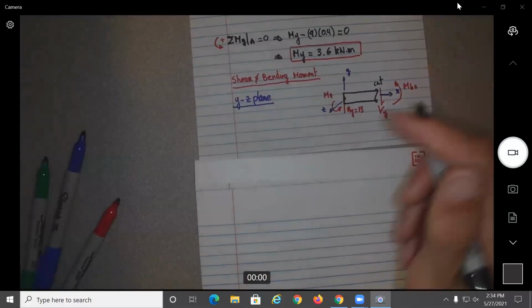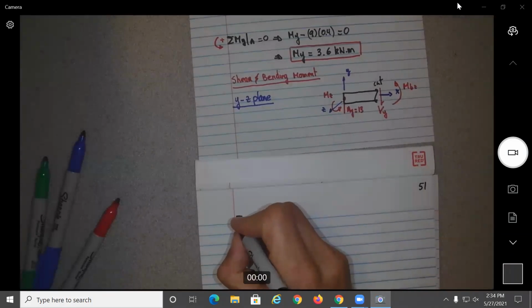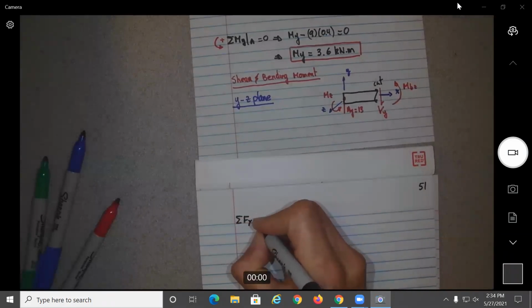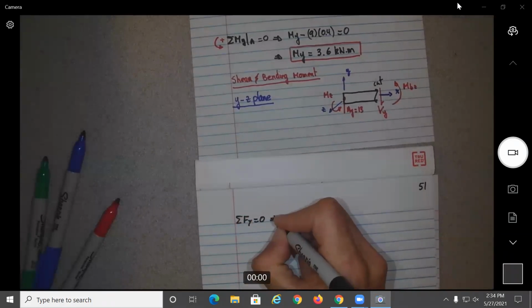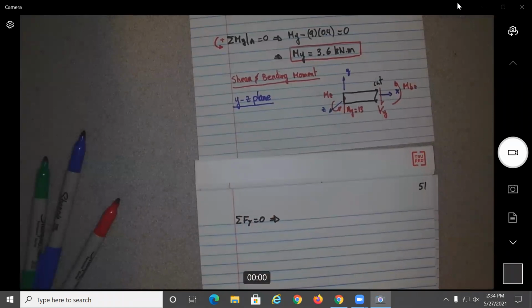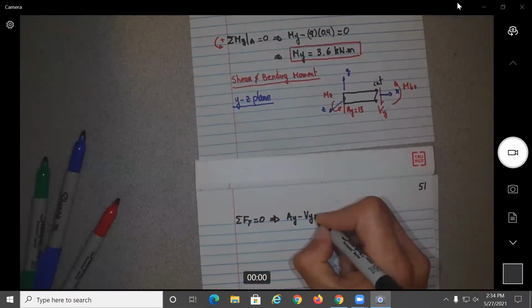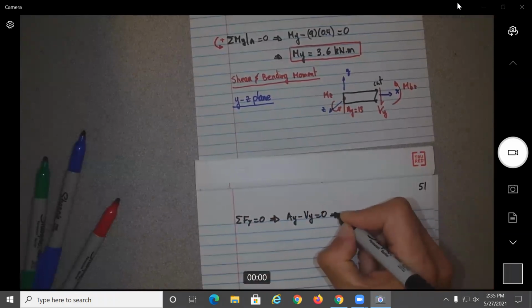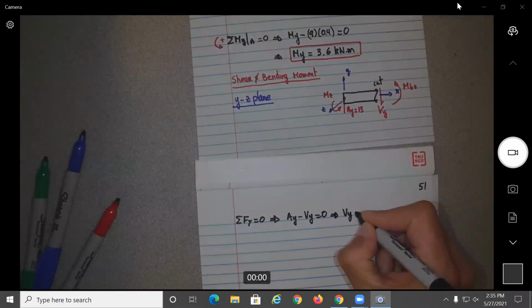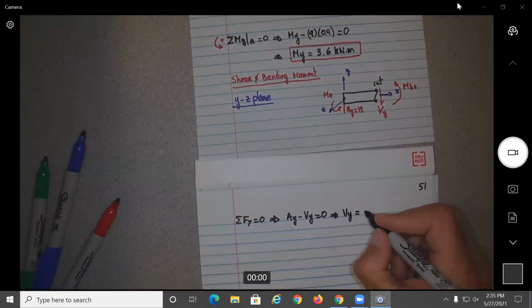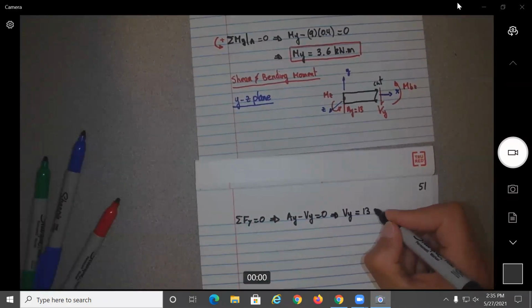So if I apply to this figure over here, summation of forces on the y equal to 0, this will give us that AY minus Vy equals 0, which will give you that Vy is equal to 13 kilonewtons.